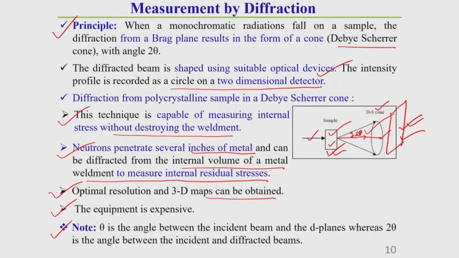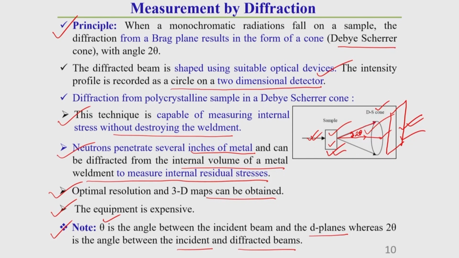So, what is this theta? Theta is the angle between the incident beam and the D planes, whereas 2 theta is the angle between the incident and diffracted beam. Let the incident beam be this horizontal line, and after diffraction this is the diffracted beam.